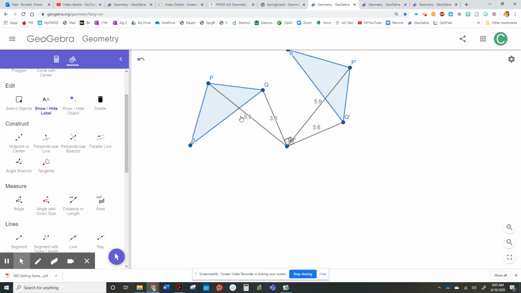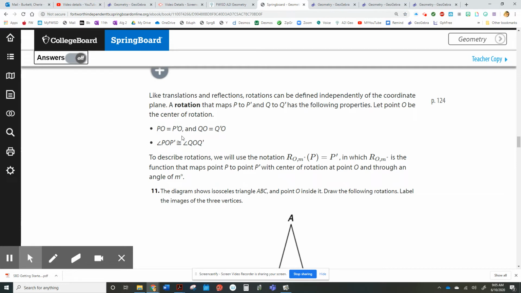And if I measure this angle right here, guess what it's going to be? It's going to be 90 degrees. I'll measure the angle, and you can see it came up to be 90 degrees too. So that's all Springboard was saying. The same things that we learned on the coordinate plane are going to work if you're not on a coordinate plane, if you're just on an unmarked piece of paper.